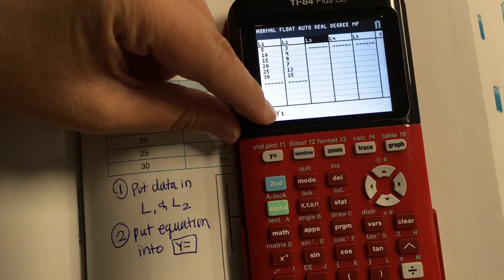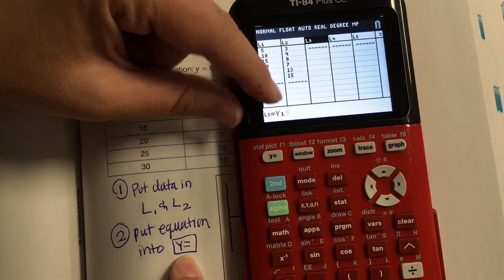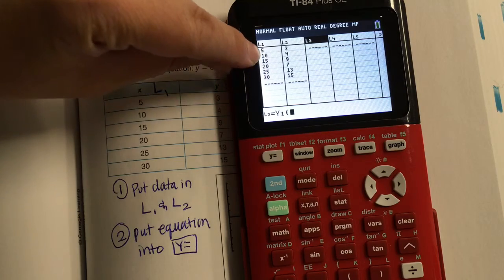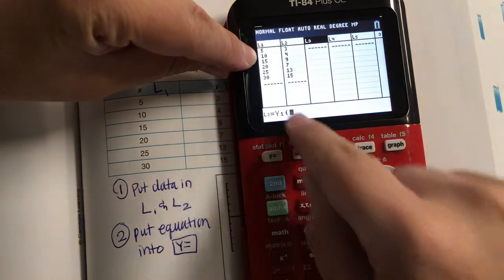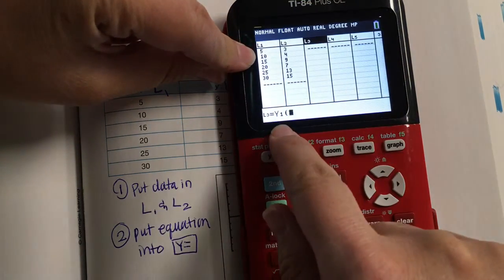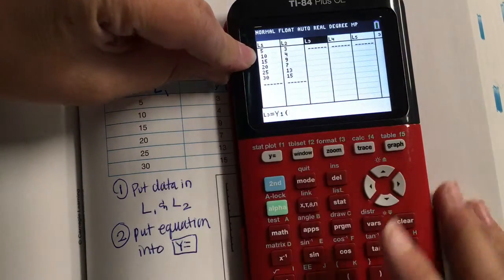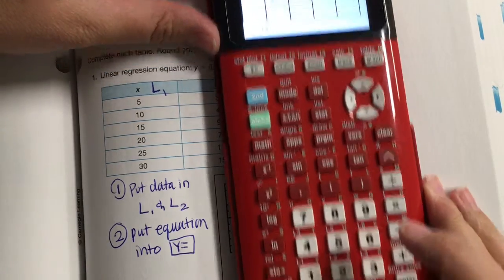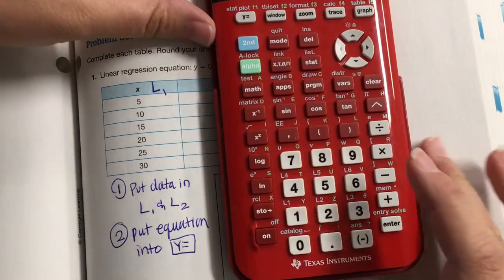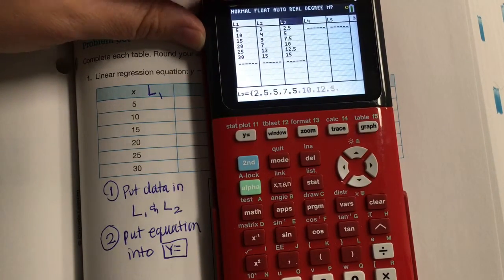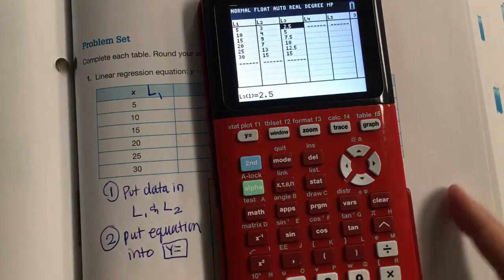So we're going to take that function that we put into y1, and then we're going to do parentheses, and we say, I want to put these numbers that are in L1 into the function that we put into y1. So L1 is down here, so we did the parentheses, and now we need to do second one to get L1 and close the parentheses, and watch this. You push enter and poof, all those numbers are there.